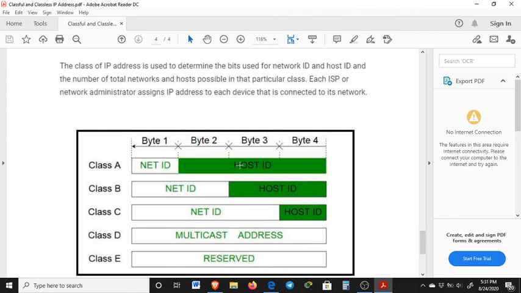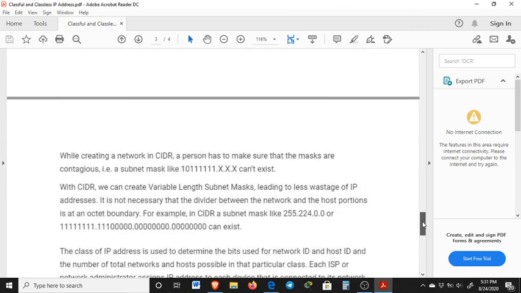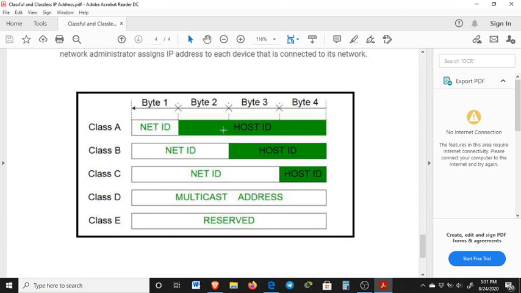That's why class A generates so many IP addresses, because many bits are used to represent hosts.